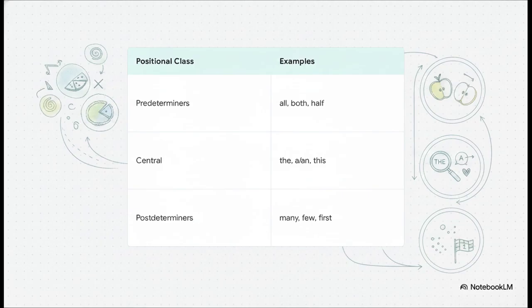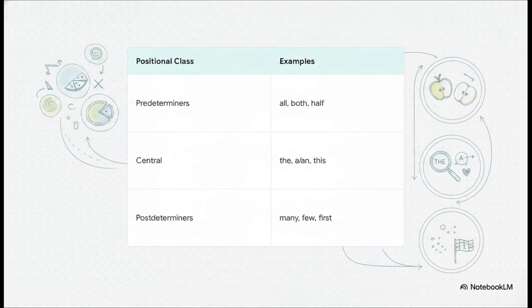Determination is basically a global system in English grammar. Its whole job is to force a noun phrase to relate to its situational context, usually through definite, indefinite, or zero articles. Syntactically, it is strictly ordered. Think of it kind of like a highly exclusive VIP line at a club where every word has a designated, unchangeable spot. We've got three positional classes.